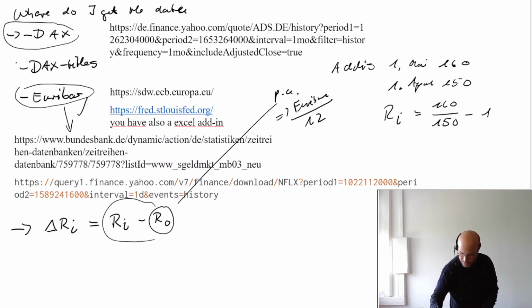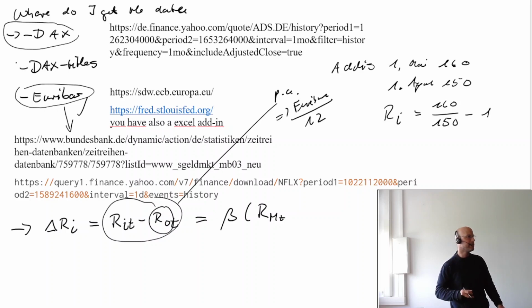And then, of course, you can just calculate this. And this will be beta. This is our parameter which we are interested in, times Rm. Here we always have to take a t, because this is always, of course, moving from month to month. Rmt minus R0t. And this is the DAX performance.